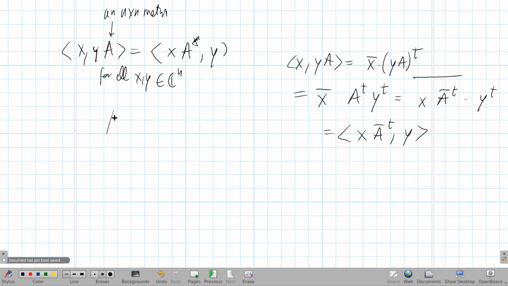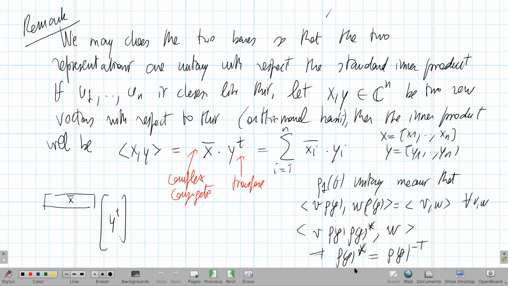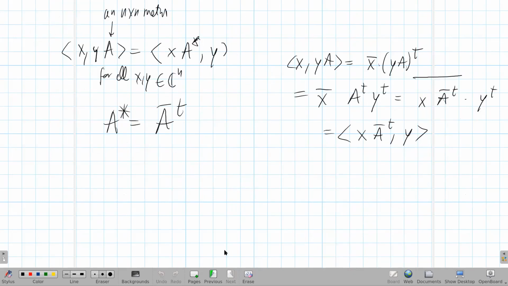And so you see that A star is nothing else than the conjugate transpose. Okay, so we had seen that since these are unitary, the adjoint of rho of G is its inverse. So we have obtained that rho G inverse is going to be rho G transpose conjugate. Okay, so this is the fact that we have found. No doubt you knew this very well from linear algebra courses or functional analysis.